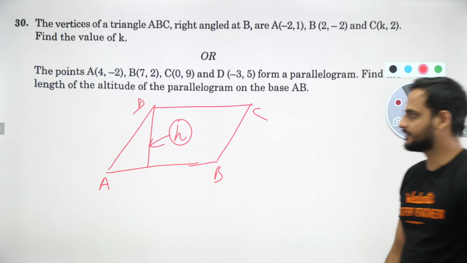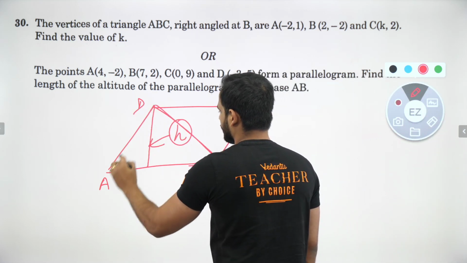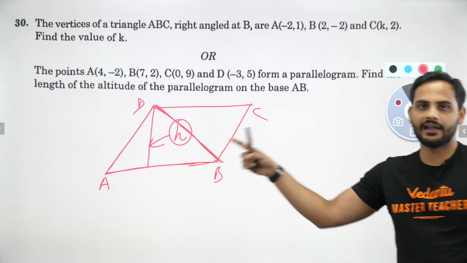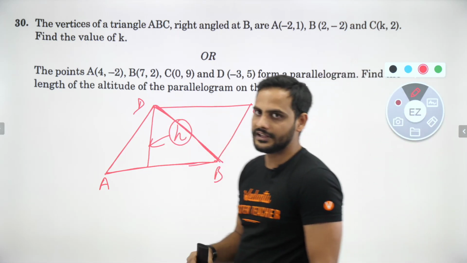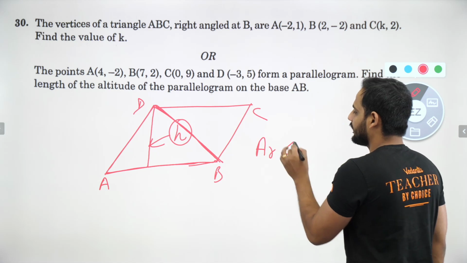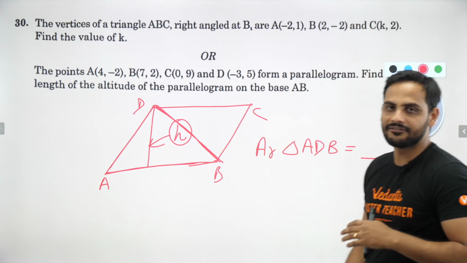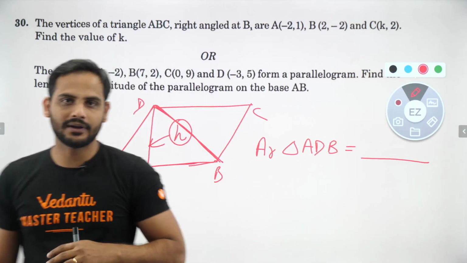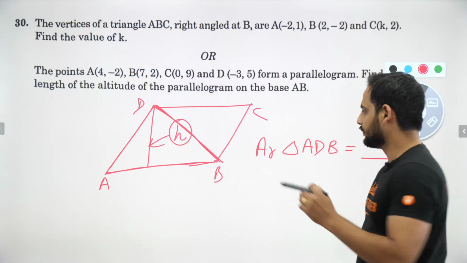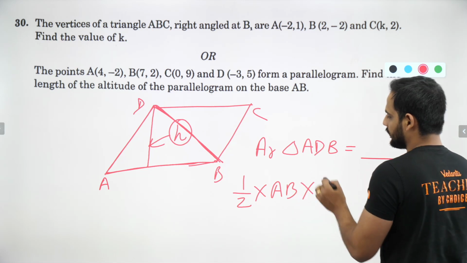So what I will say is, I know that suppose I have this area. I know the coordinates of A, B and D. So I can get the area of triangle ADB using the formula half of modulus of x1 into y2 minus y3, and so on. Now the area of triangle ADB will be equal to half into the length of AB into the altitude.